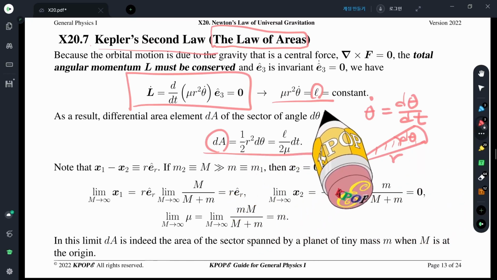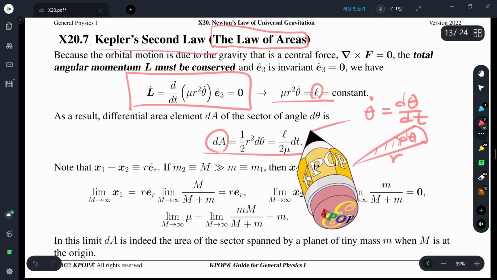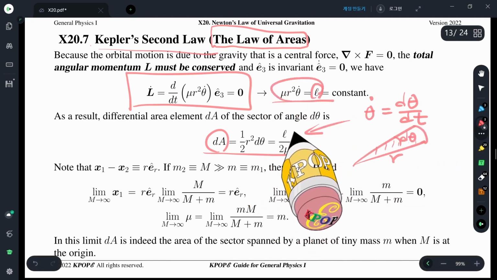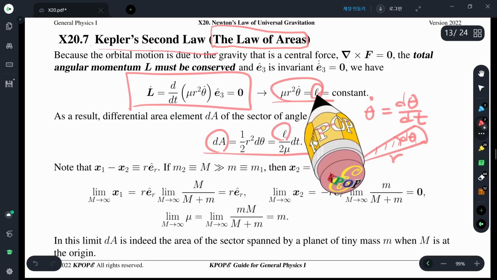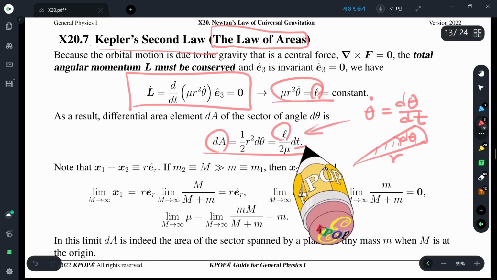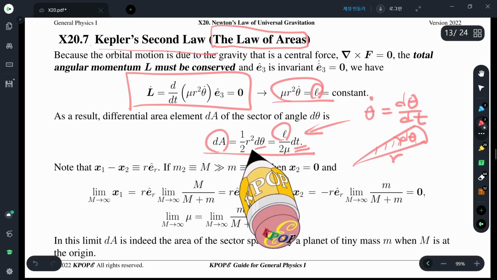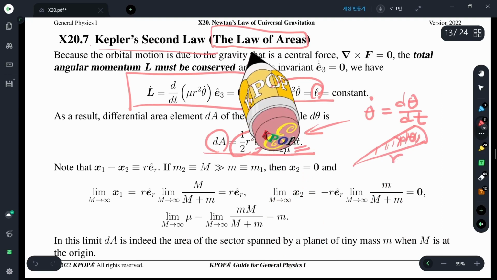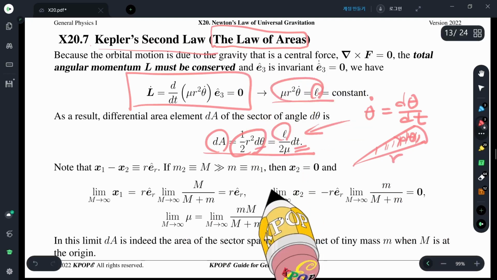Therefore, if I make use of this and this, it is expressed in terms of a constant, the orbital angular momentum divided by 2 mu. So time is proportional to the area of the sector. That is called the law of areas.